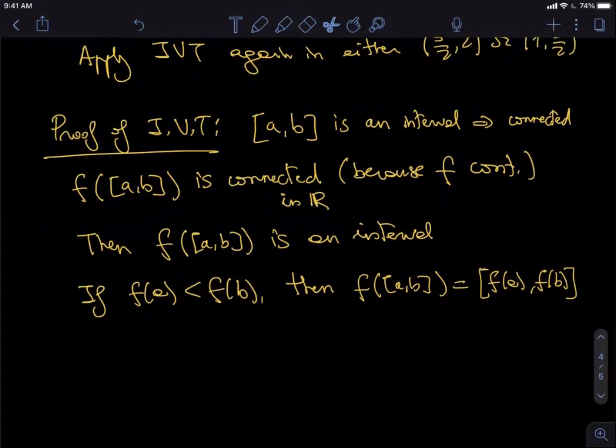Once we know that the image of the closed interval AB is the closed interval itself, then for sure there exists a point x in AB, such that f of x equals C. And that finishes the proof.